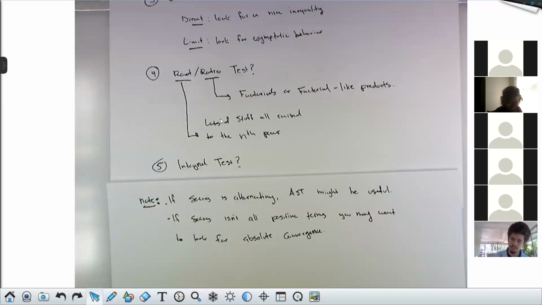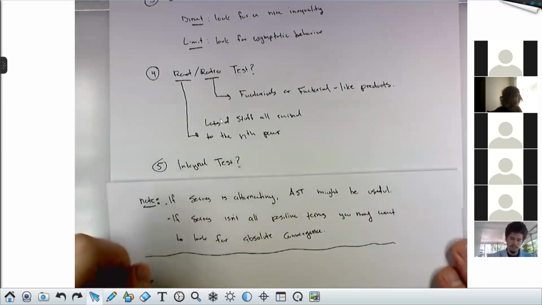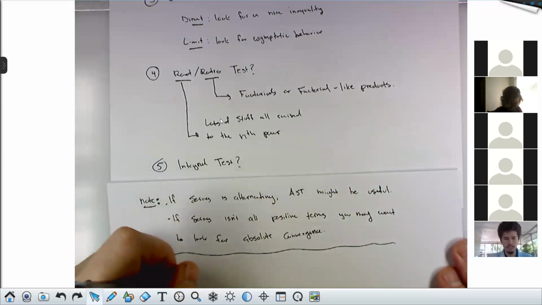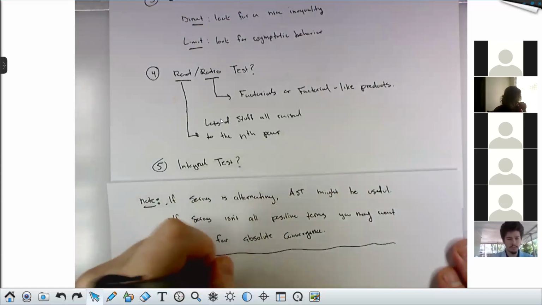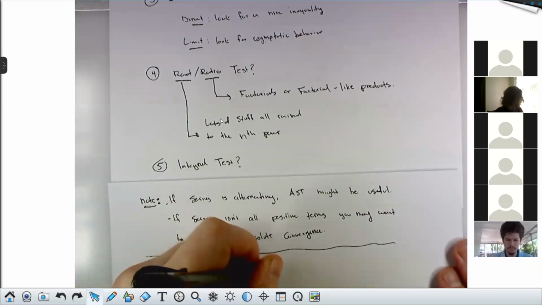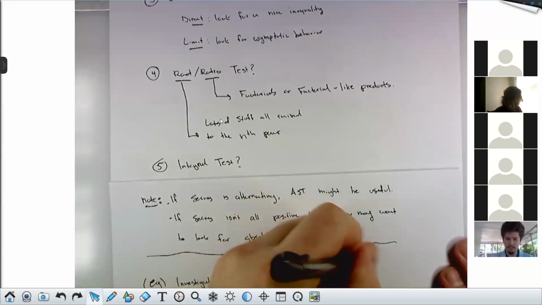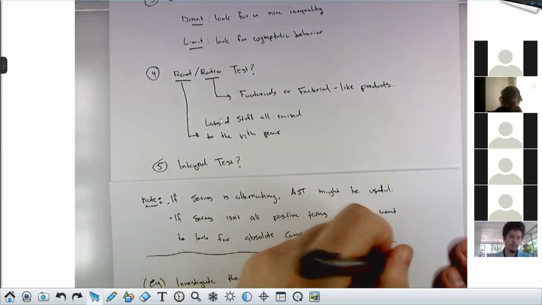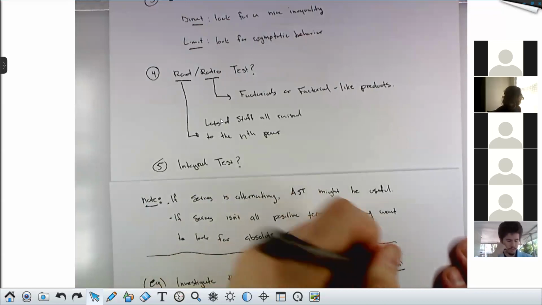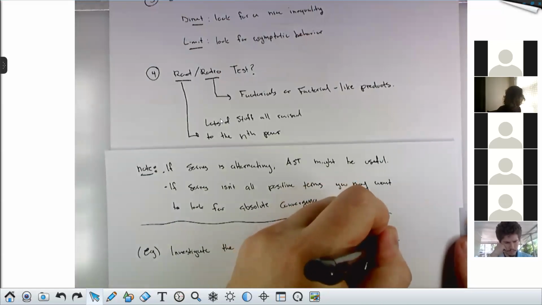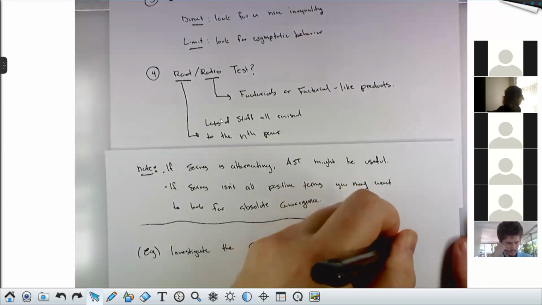I'd like to look at an example of such a series. How about the sum from n equals 1 to infinity of sine of 2n over 1 plus n squared.